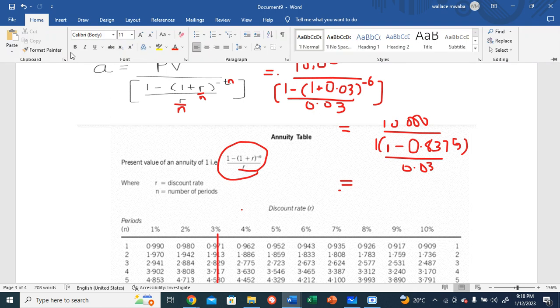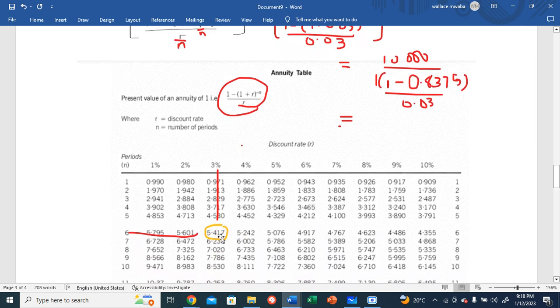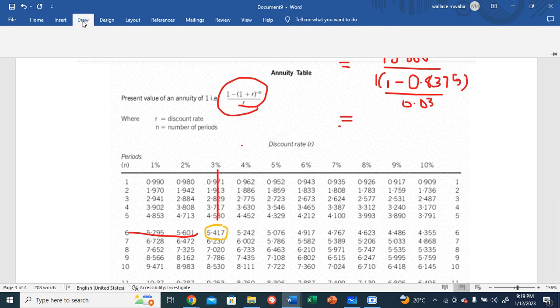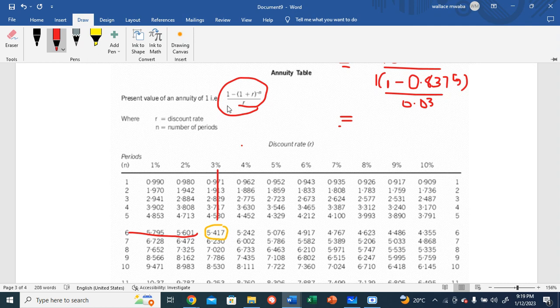If you check, that is the same as this figure here. Only that yours has got 5.416666, whatever. So are we okay with this, colleagues?